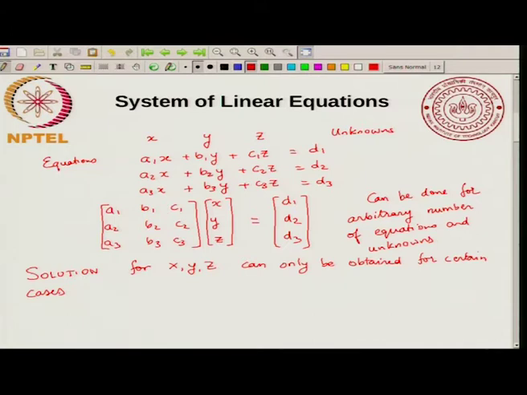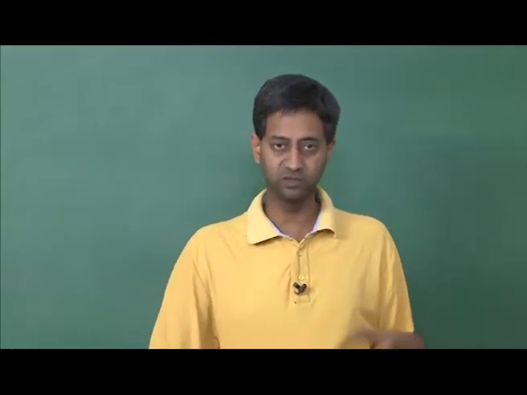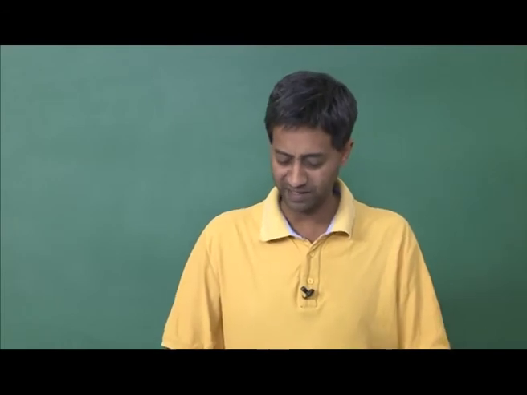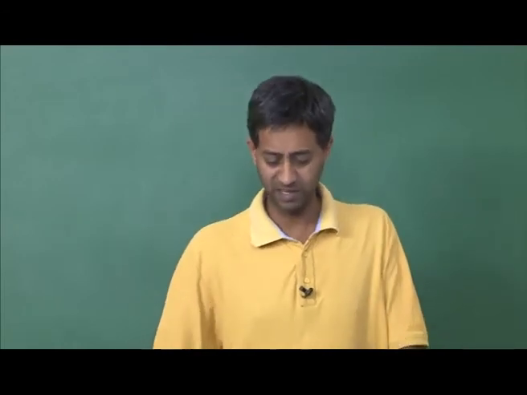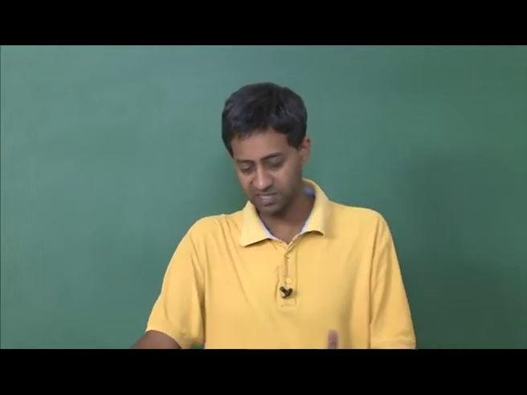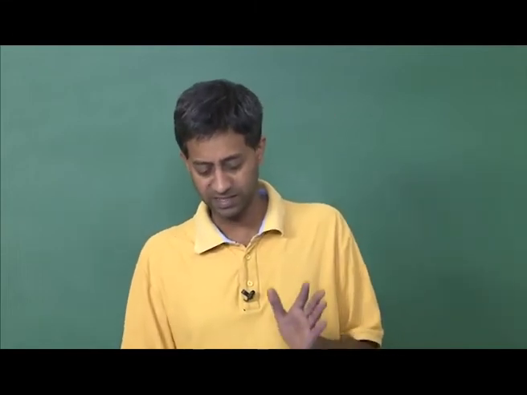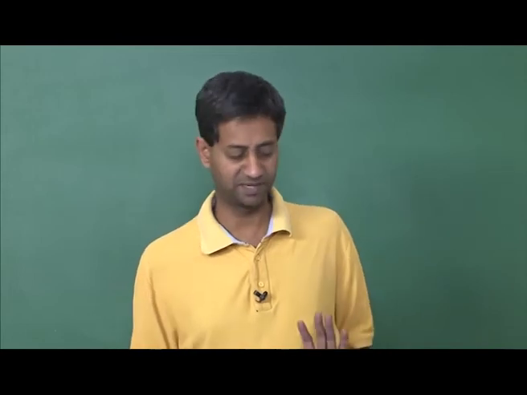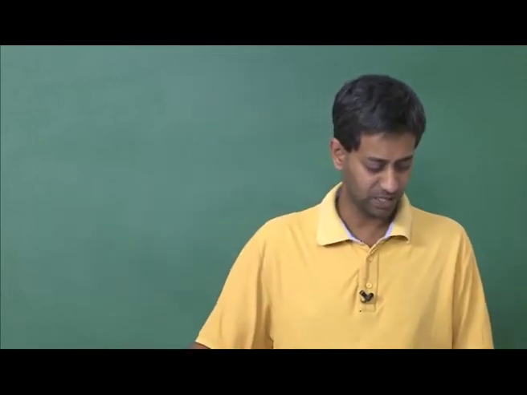Actually, in order to see when this can be solved, you need the idea of something called a rank, which we will talk about later. But the basic point right here is that if you have a system of equations, then you can represent it in matrix form.